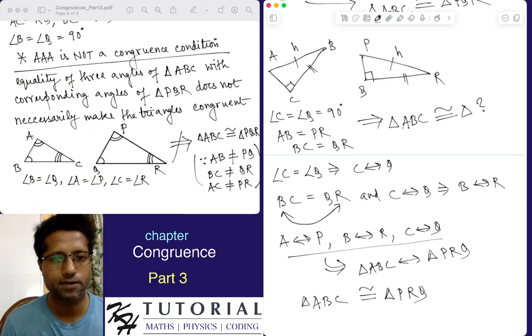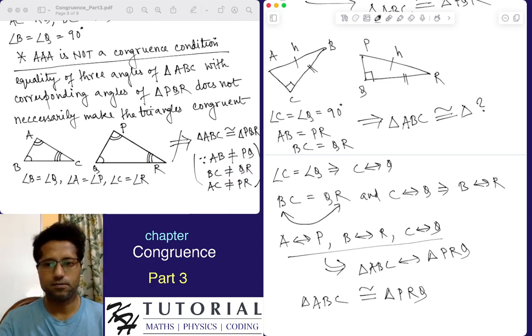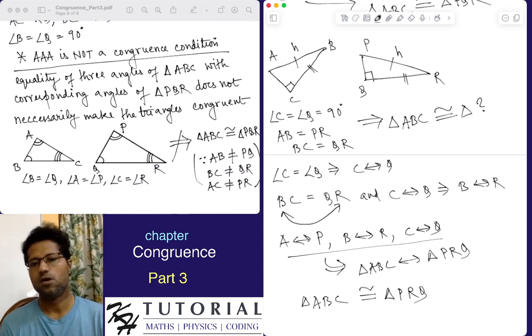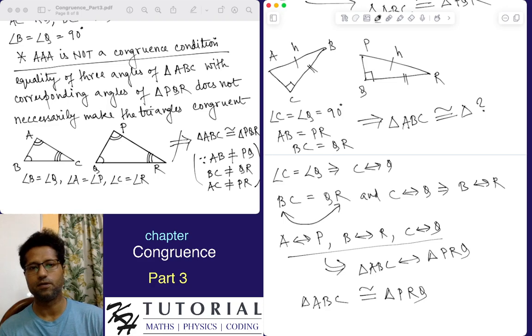Okay, so one more point is that if AAA, that is three angles of triangle ABC, are equal to the corresponding three angles of triangle PQR, then it does not necessarily ensure the congruency between the two triangles.